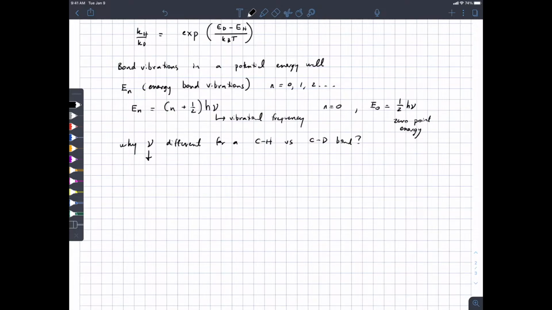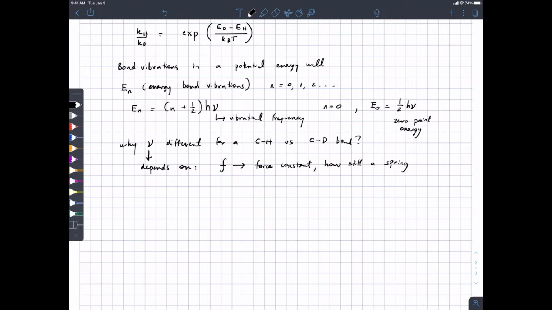Bond frequency depends on a couple of things. First, it depends on K, which is, actually we're going to call it F because we have too many Ks. F is a force constant. That's a term that describes how stiff a spring is, or in other words, how strong a bond is, or what its environment is, where stiffer springs vibrate more rapidly.